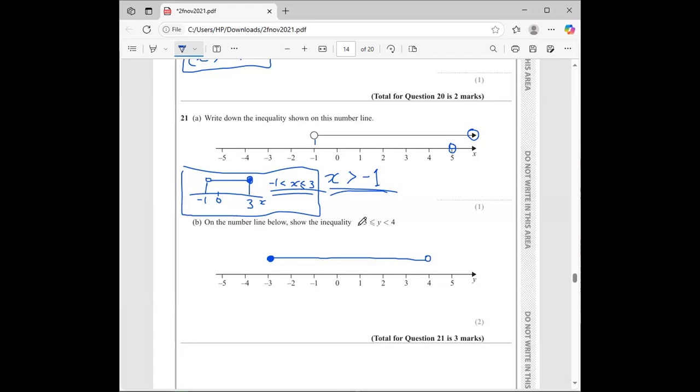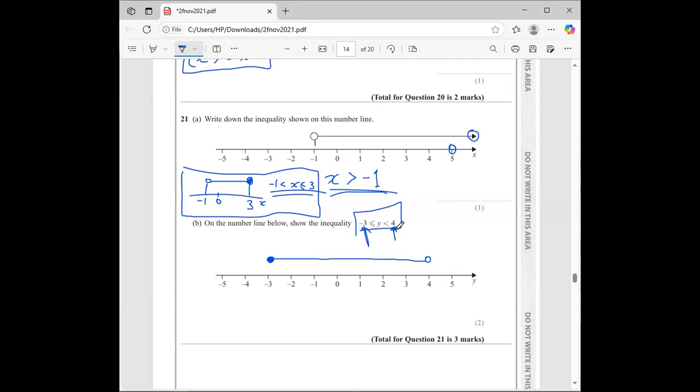But when you don't see the arrowhead, that means it's limited to just these 2 values, -3 and 4. So are you good with this? Yes. All right, so we proceed.